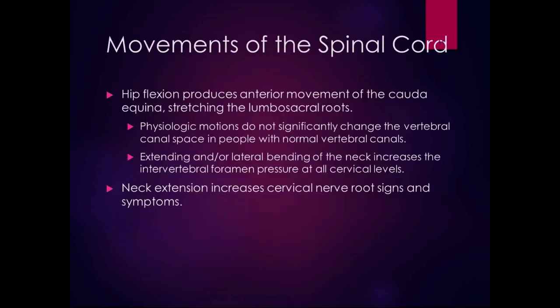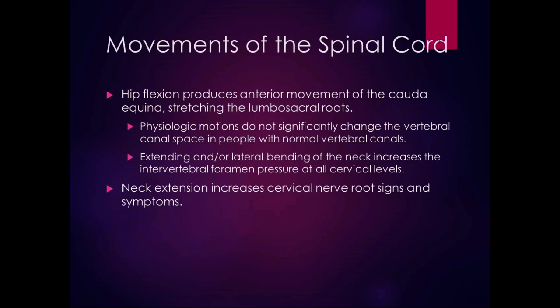So the spinal cord has to be able to move when we move. That makes sense, right? So when we move our body, some of the movements of the limbs are directly transmitted to the spinal cord, and the nervous system is always assessing neural tension, assessing what's going on in the nervous system, and seeing how we have to respond to it.